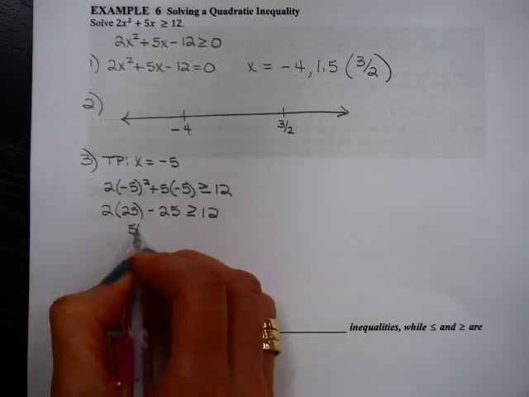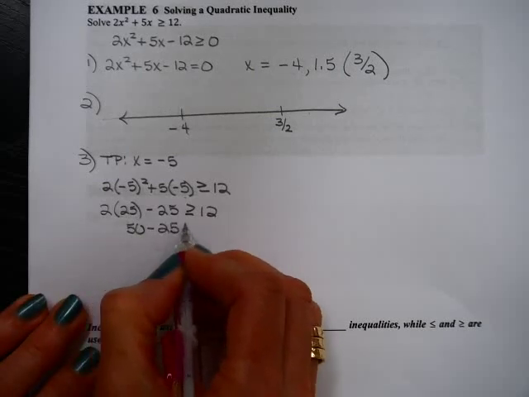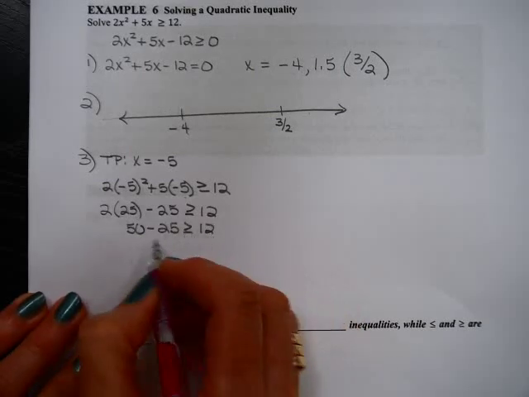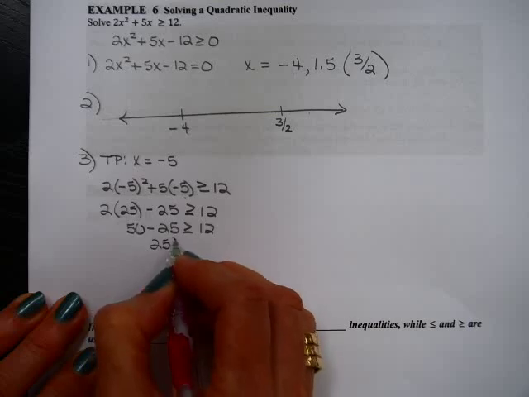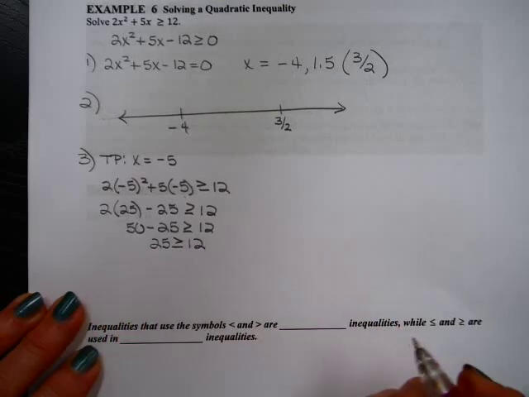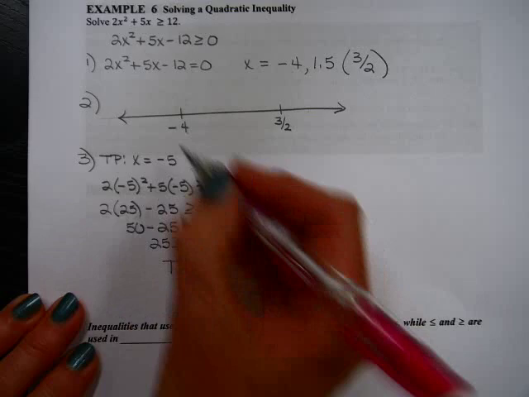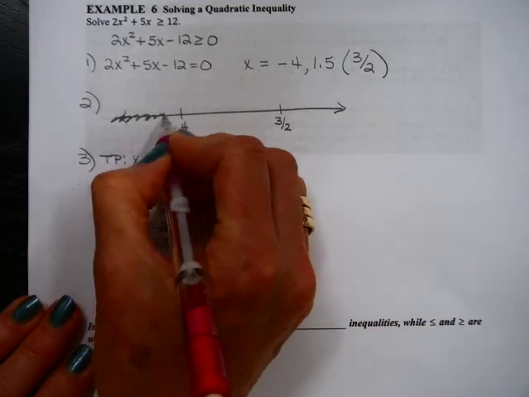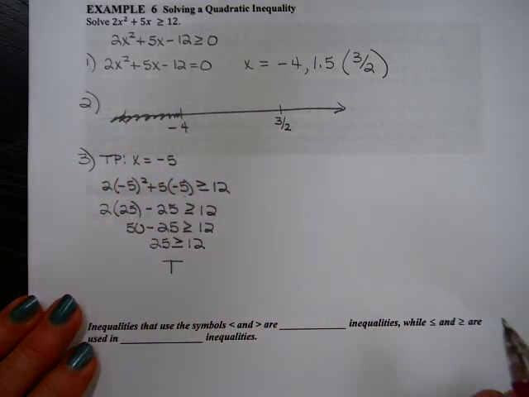This is 50 minus 25, which is 25. 25 is bigger than or equal to 12. Is that true or false? Well, of course that's true. So that means these numbers down here are going to work, because negative 5 worked.